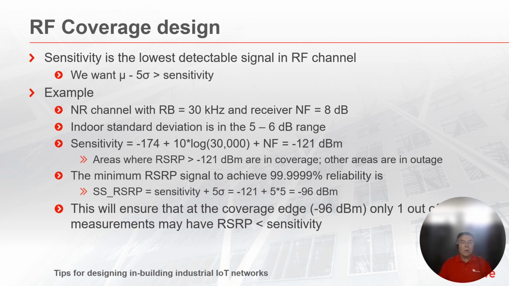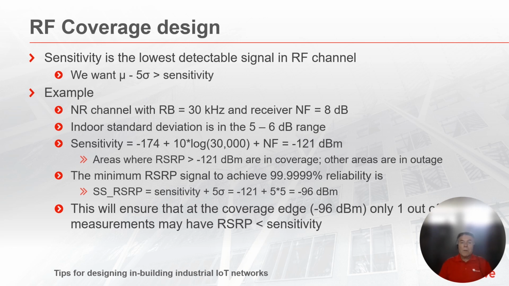First, you calculate sensitivity, which is minus 174 plus 10 log of the bandwidth of the channel plus noise figure. And that calculates to be minus 121 dBm. So areas on the floor plan where RSRP is greater than minus 121 dBm are in coverage. The areas where it is less than that are in outage.